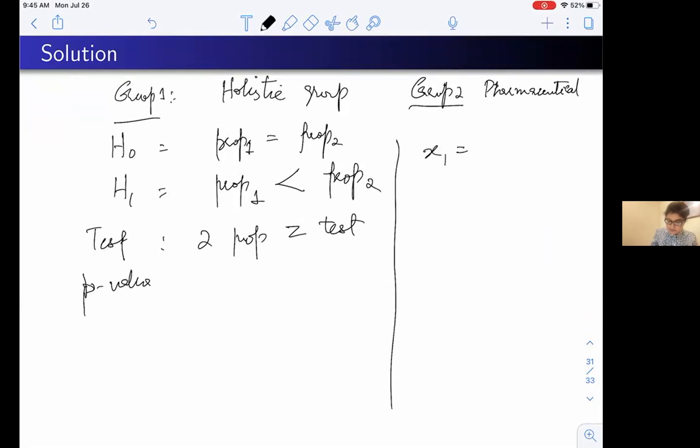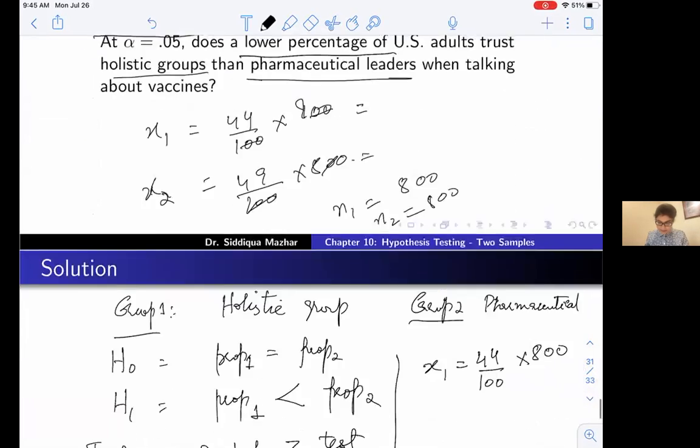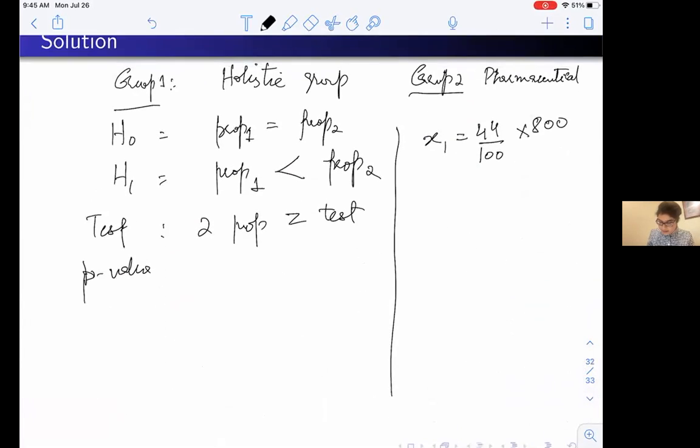X1 is associated with the holistic group. 44% of people trust that, so 44 divided by 100 out of 800 US people from the sample. So 44 times 8 means 352 people out of 800 trust holistic groups.